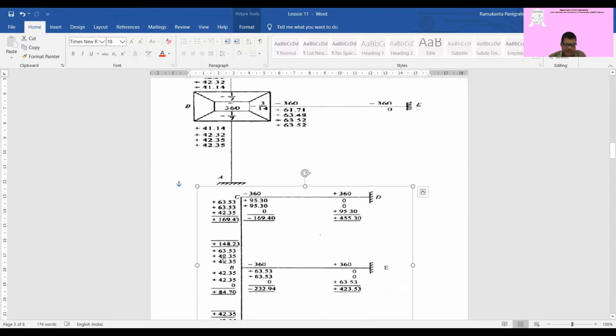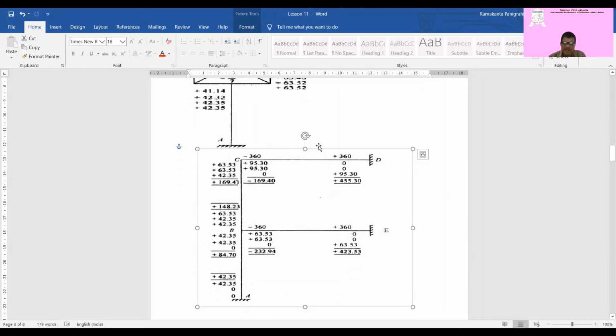So 2 times 42.35 plus 0 minus 360 will give this value. Here minus 360 plus 2 times the near end value 63.53, that value is put and 0 from this end. And for this end, 63.53 is the far end moment. Near end moment is equal to 0, plus 360. So this is the way you can find all the moments.